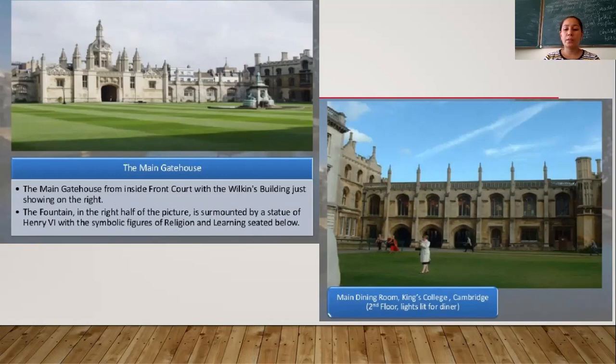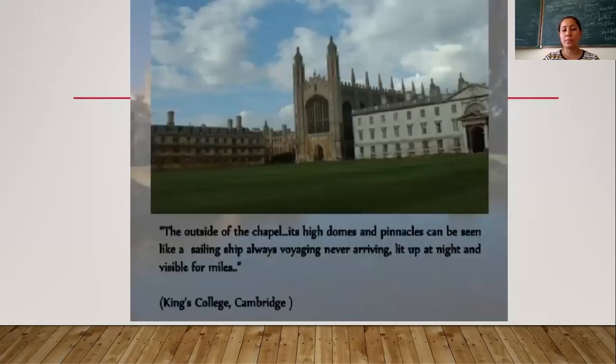And here we can see King's College main dining room, so it is the inside of this college at that time.